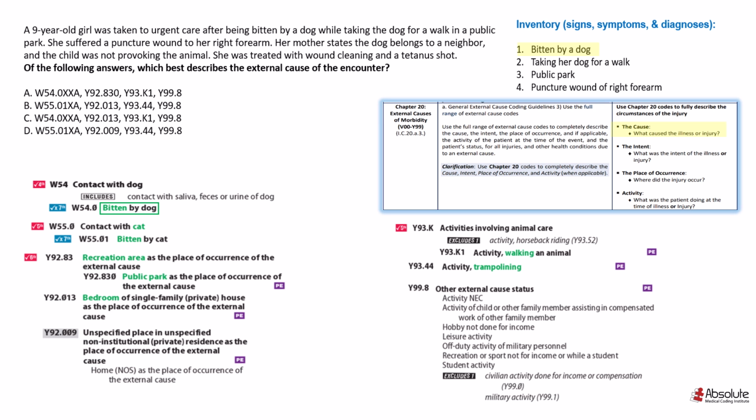W54.0 is coding for bitten by dog, while W55.01 is coding for bitten by cat. So in our scenario, we had a dog bite, so option B and option D are incorrect.